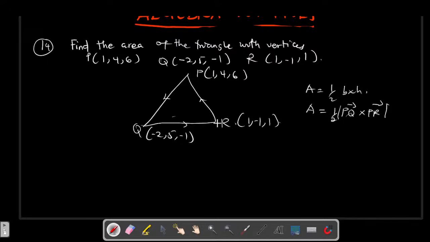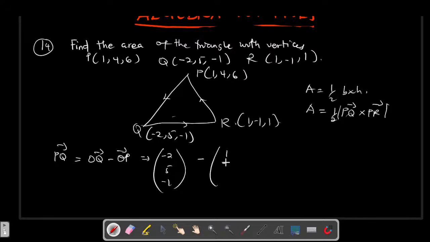So vector PQ. How do you find vector PQ out of vertices? In high school, you realize that PQ is equal to OQ minus OP, right? You subtract your starting point from your end point. OQ is simply the vertices of Q, okay? (-2, 5, -1) minus P, which is (1, 4, 6).